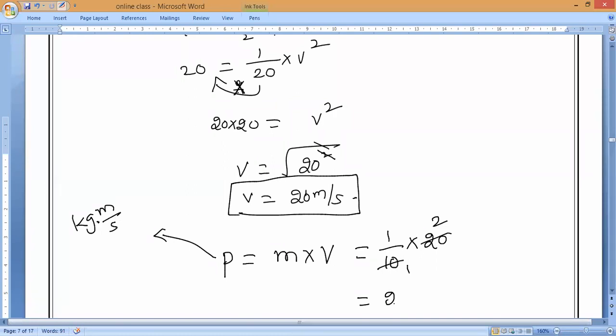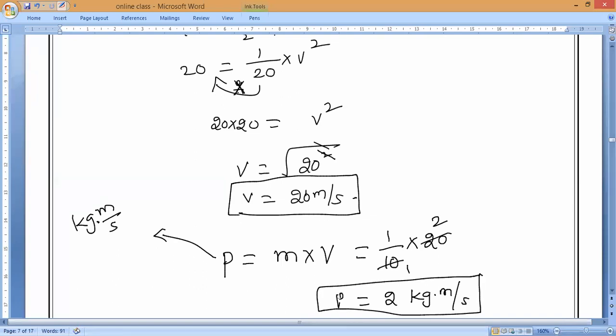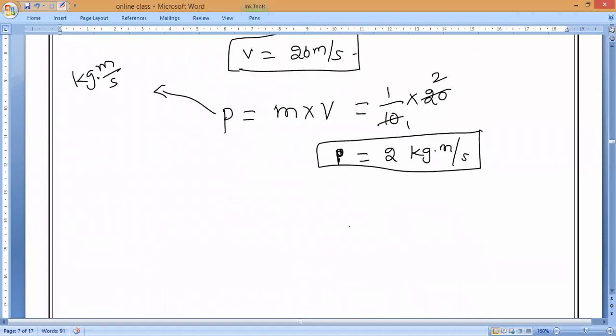So we can say 2 kilogram meter per second. That is the momentum P. See how it is. It's a simple, easy question, but you should understand. It is 2 kilogram meter per second, not 20 meter per second.